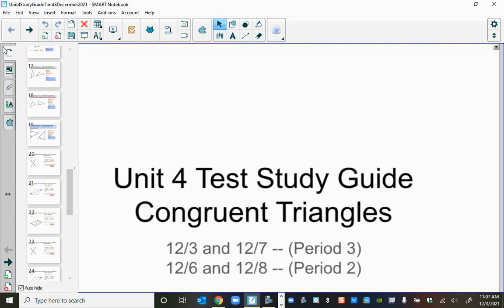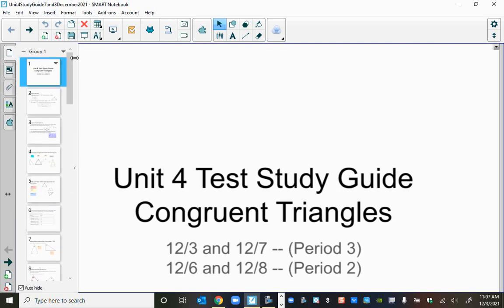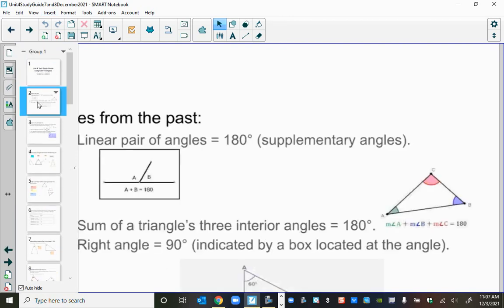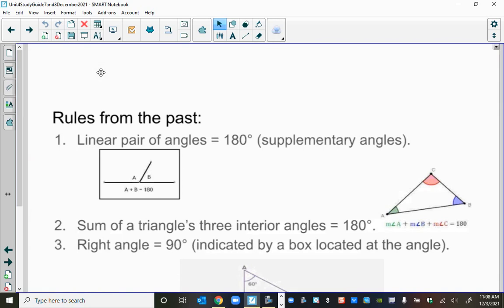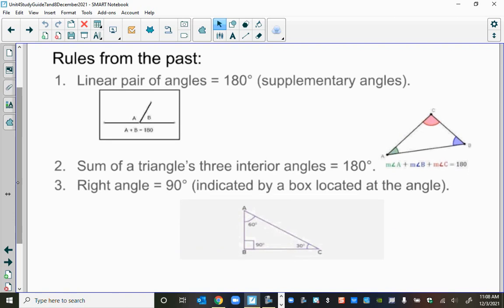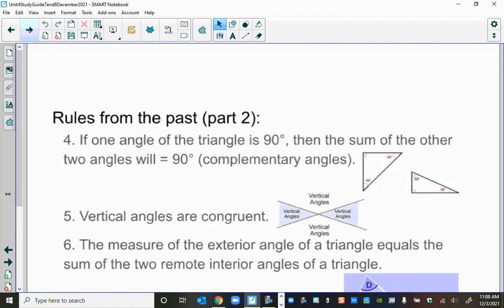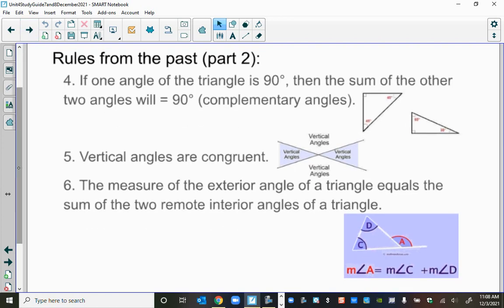So, really quick, basically the first couple slides are just rules. Definitely know these rules. These rules we've been seeing in and out. A lot of these rules are going to relate to each other. The only thing I forgot to mention, no, actually I did mention it back here.